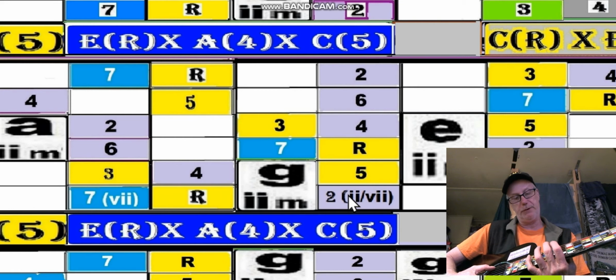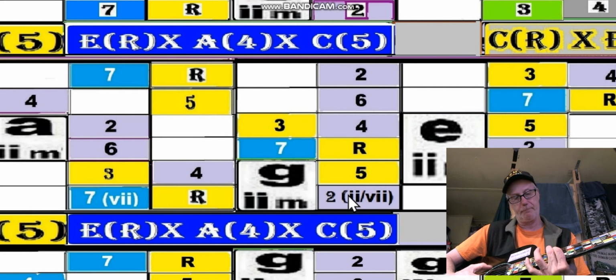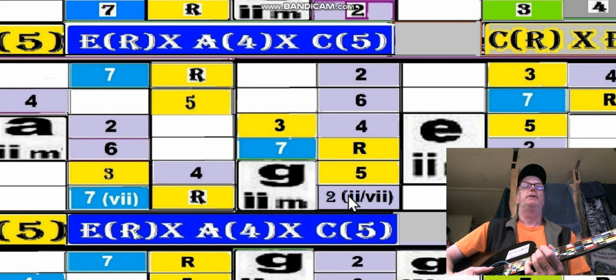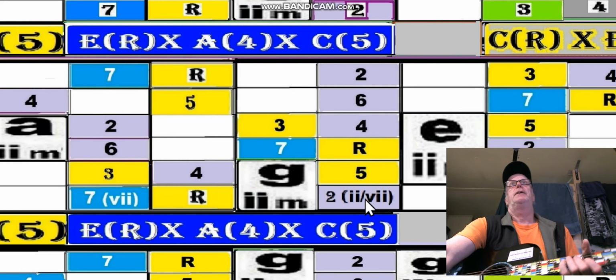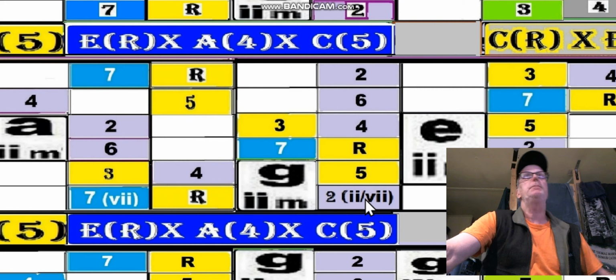Okay, well, if we do that, we're going to get a D major, and that's going to give us an F sharp. That's not what it is. Okay, it's a G minor shape.